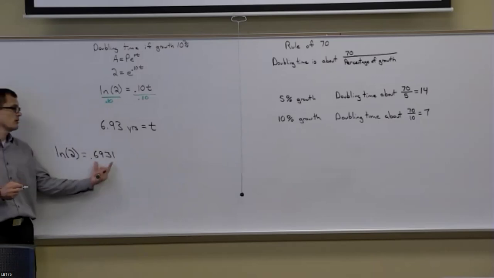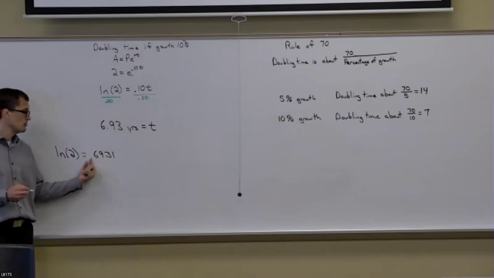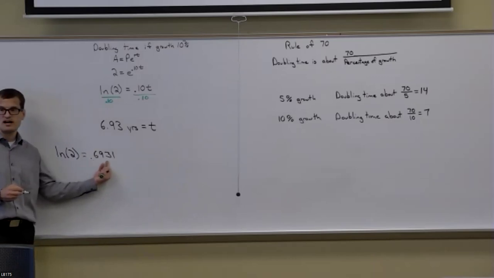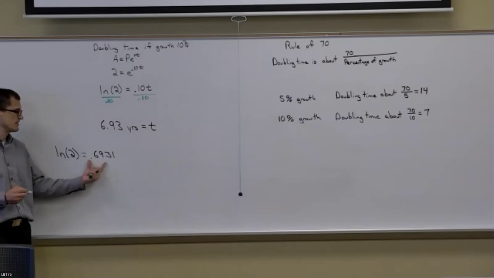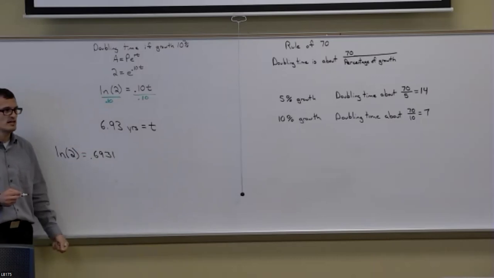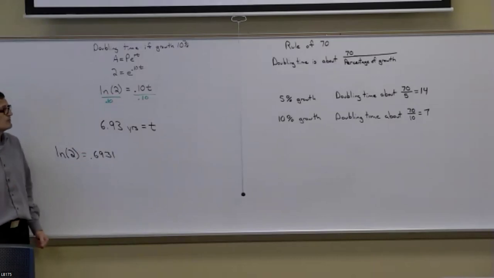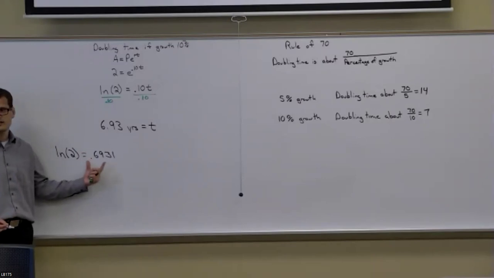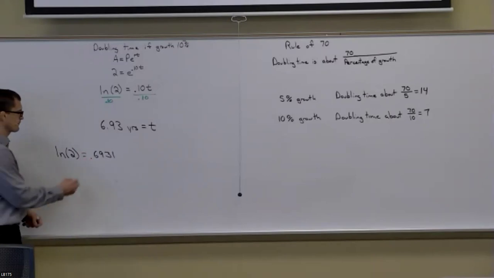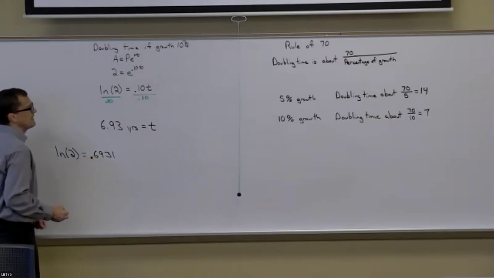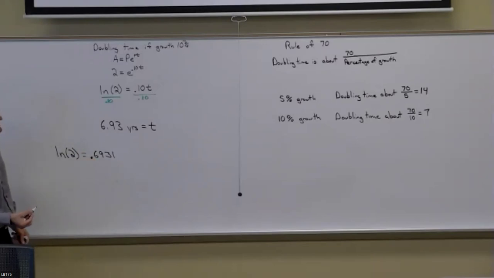Which is kind of close to 7 if you move the decimal place over 2 spots. So they round 69 to 70, and that's what it is. It's easier to remember a rule of 70 rather than a rule of 69. But technically, it's closer to 69 than it is to 70. But that's why the rule of 70 exists.